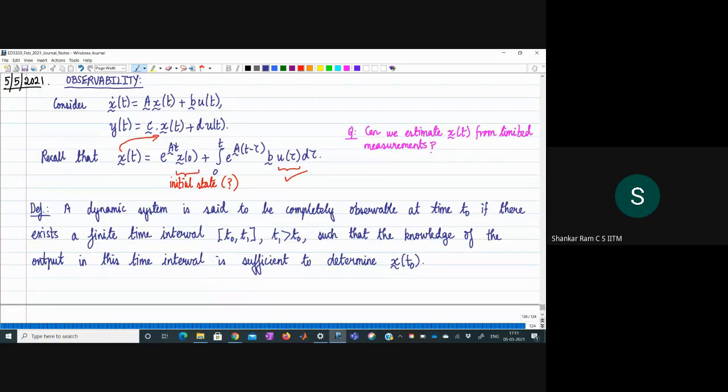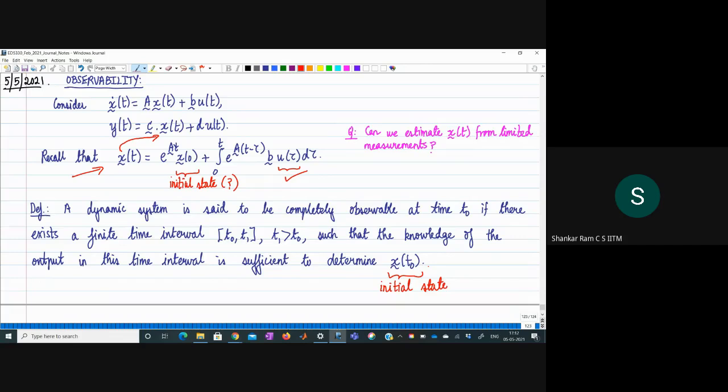The key thing is that if we can determine this initial state x naught, then we can essentially know the state vector at each and every instant of time. How? From this equation, because that's the equation for x of t, which has x naught and u.